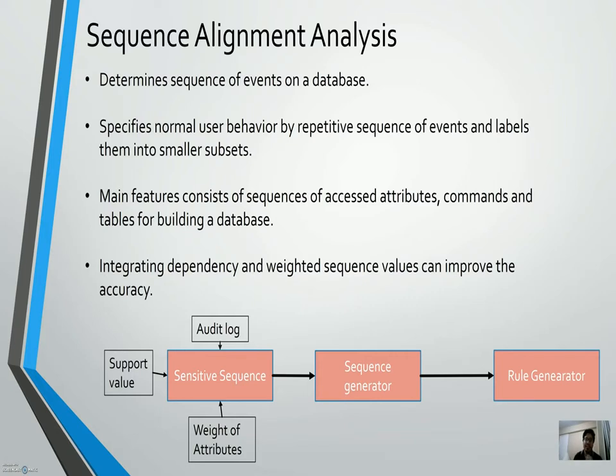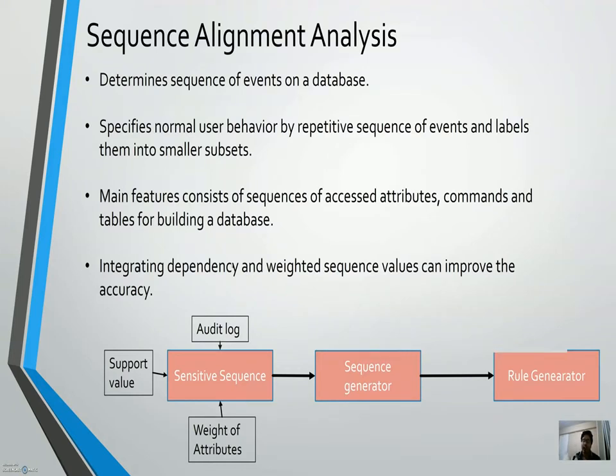In the figure, we can see a simple IDS. Here the IDS has three main parts. The sensitive sequence takes inputs from the audit log, the support value, and the weight of the attributes to check the feature. Then the sequence generator creates the sequence, and the rule generator creates and checks the rules according to the sequence.